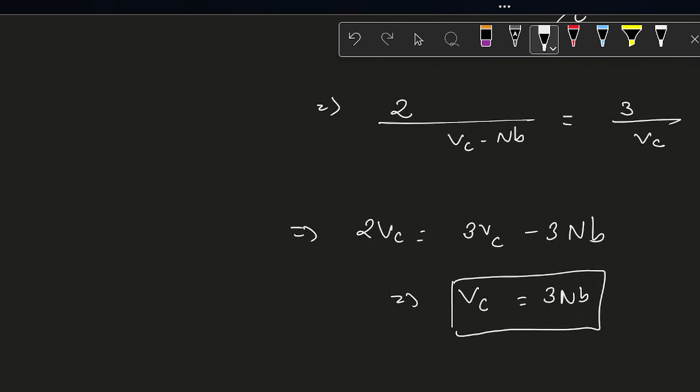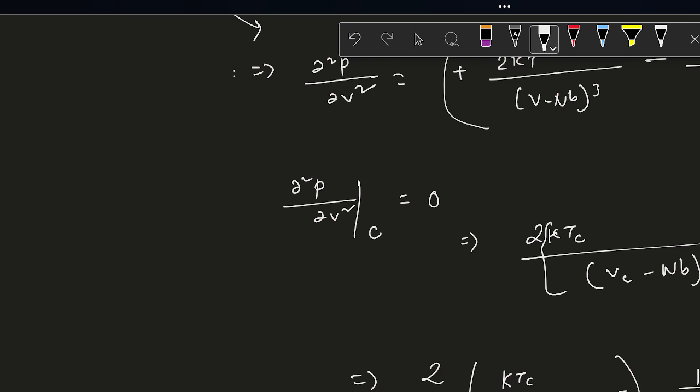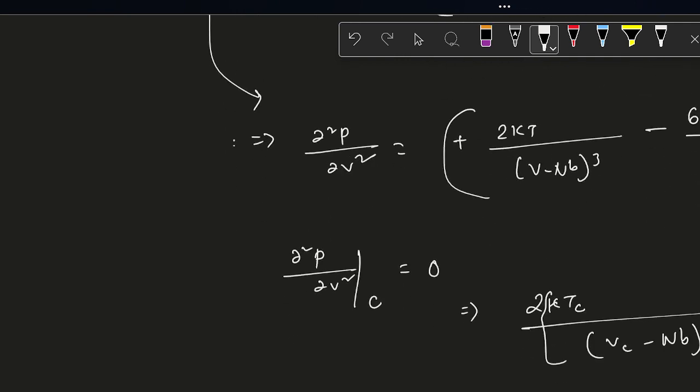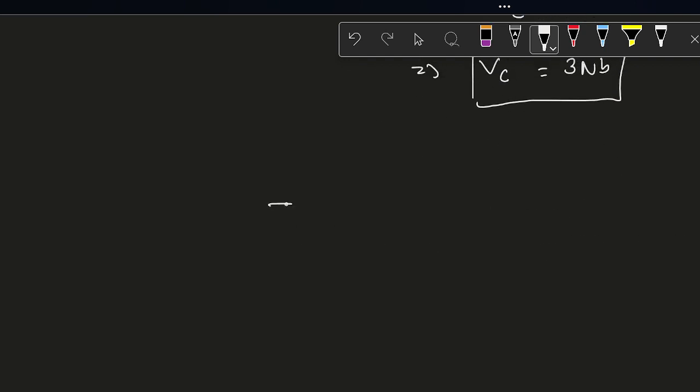Now by knowing the value of Vc, you can directly use equation number 2 and get the value of Tc by putting the value of Vc. So kTc is something, so basically express your Tc as 2 n squared a by Pc cube into Pc minus nb whole square by k.